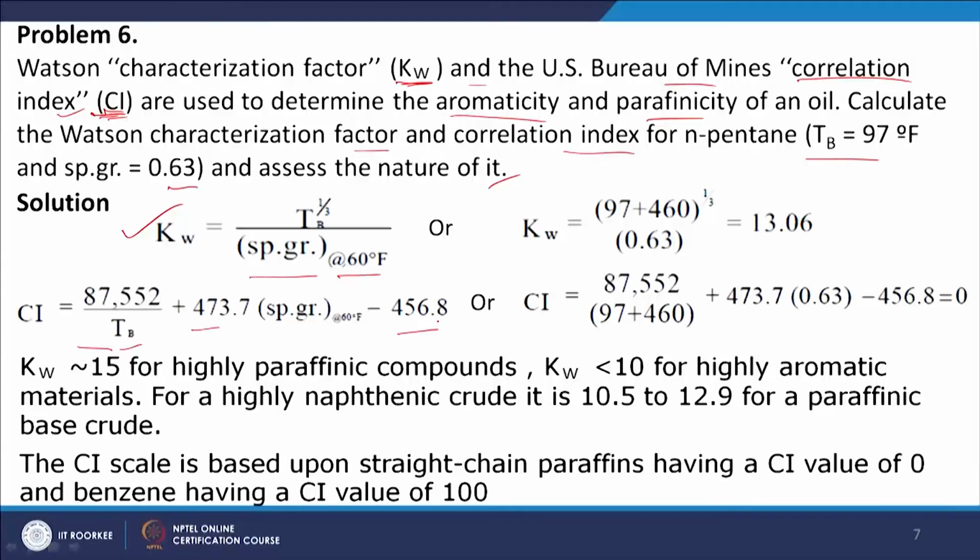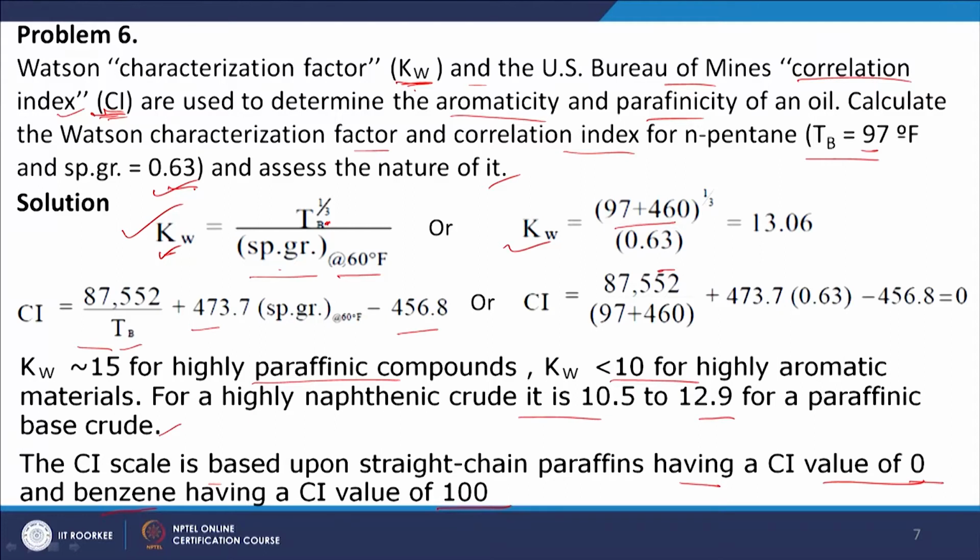If it is a straight chain paraffin, then Ci value will be 0, and if it is a benzene, then it will be having Ci value of 100. So, these are the literature available. So, our objective will be to determine the Kw and Ci value first and to compare these values with this literature value. So, for the case, what is Kw?